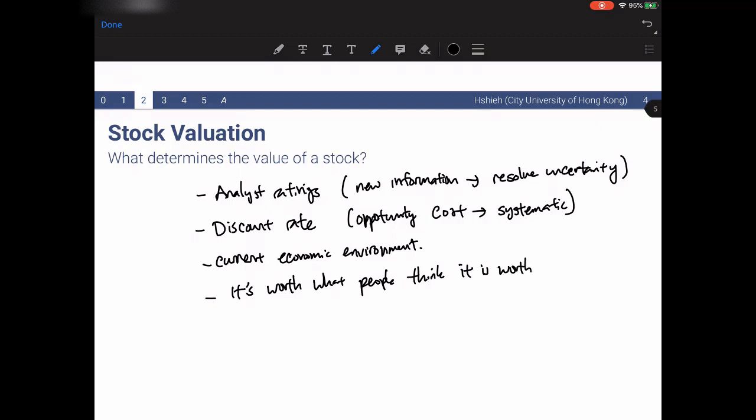Okay, and this is capturing expectations about future economy and uncertainties, whatever. And also whatever people think about the future growth path of the firm, right? So I'm just going to write future growth of the firm.